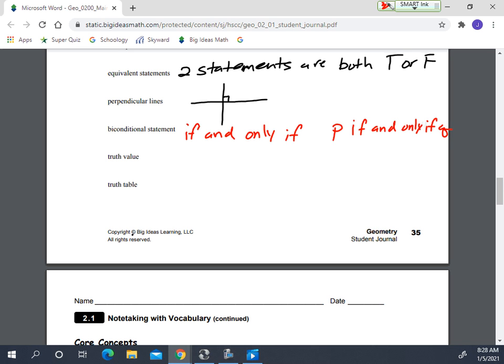So I will go to the park if and only if it is sunny. That is a biconditional statement.